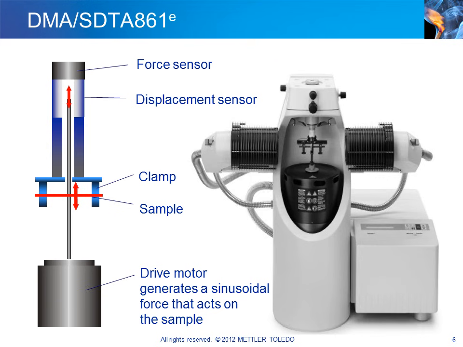The Mettler-Toledo DMA differs from many conventional instruments in that the applied force is measured and that the sample can be prepared externally. A further important feature is that there is a temperature sensor close to the sample. This allows thermal effects to be simultaneously measured by means of SDTA.